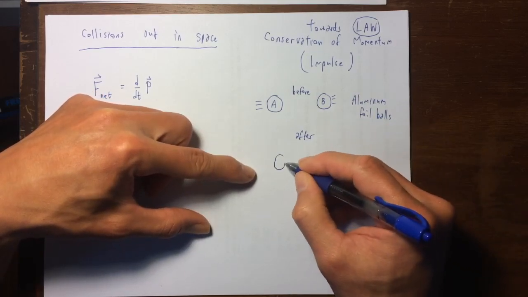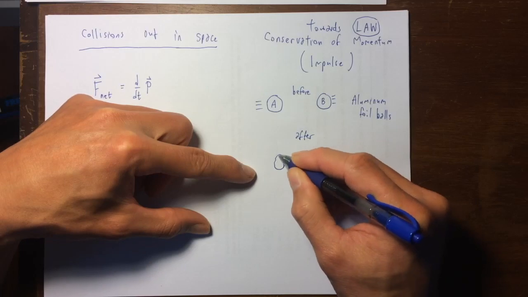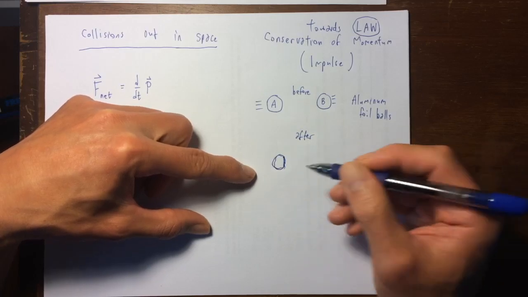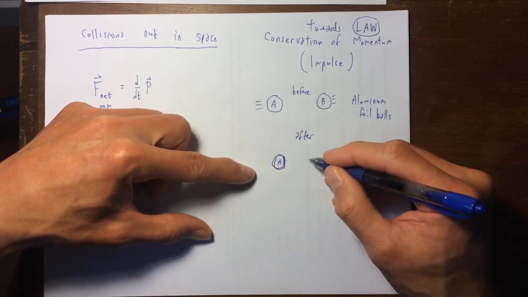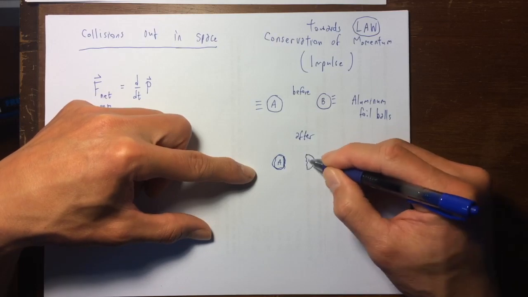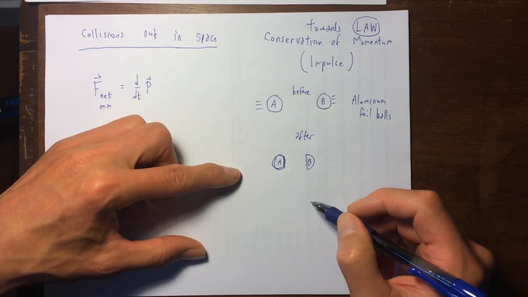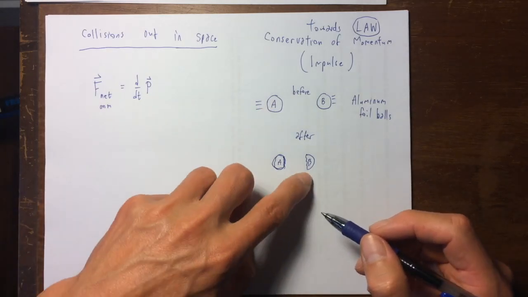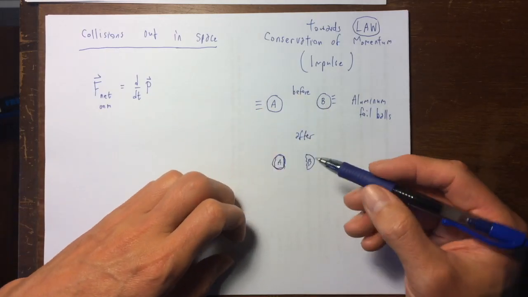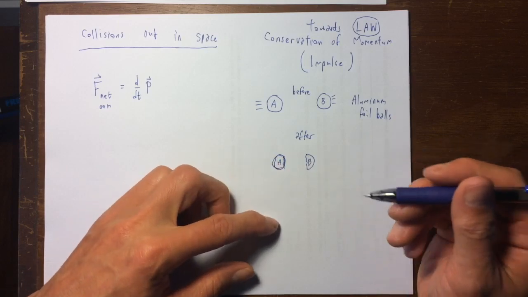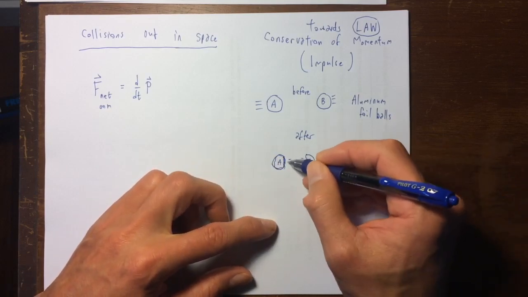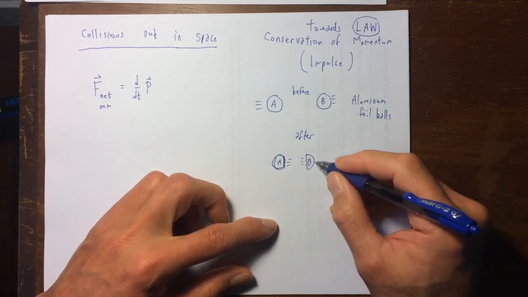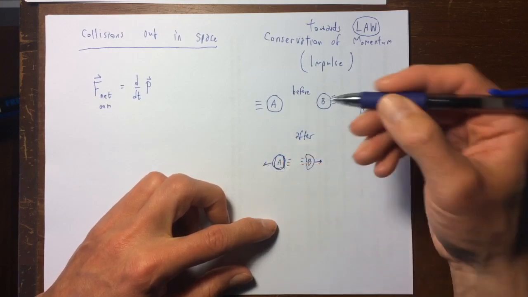So here goes A. It's got sort of a flat back here, and here goes B. B got crushed a little bit harder, but the mass of A is the same as it was before. The mass of B is the same as it was before, and they just are deformed a little bit, and they are now headed away from each other instead, right? They're headed away because they bounced apart.